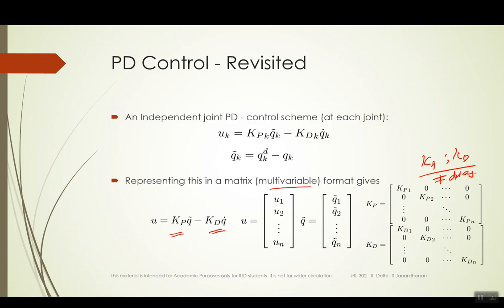What it means is that while calculating Uk in the independent joint control, we had said that it only depended upon q_k tilde and q_k dot. Here Uk can depend upon other joint variables also. That sort of flexibility is there if you go for the multivariable framework for the control design purpose.